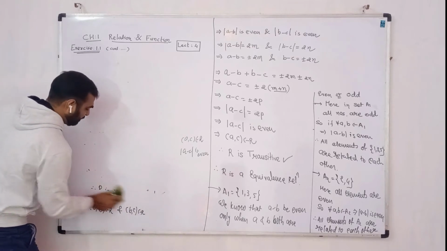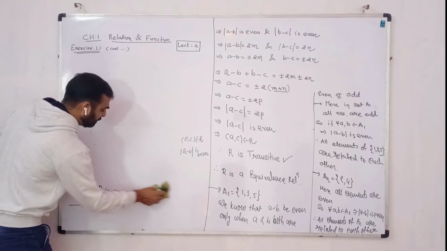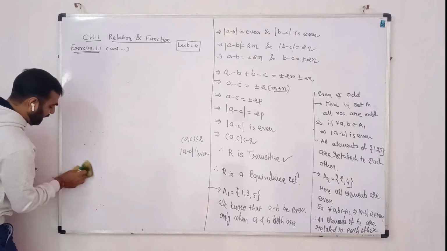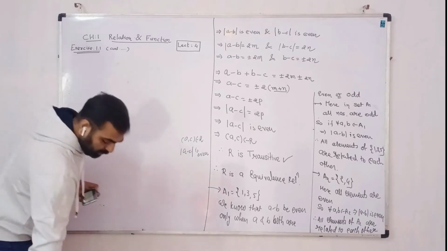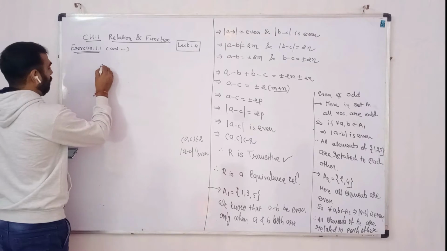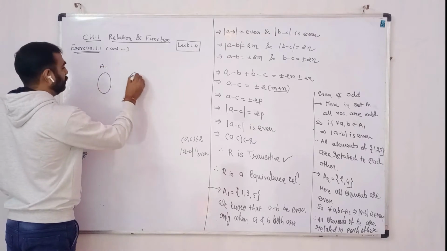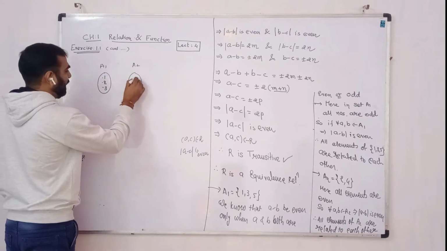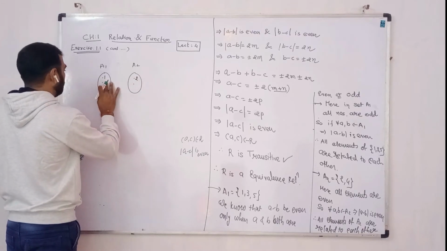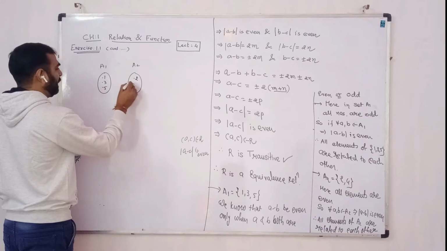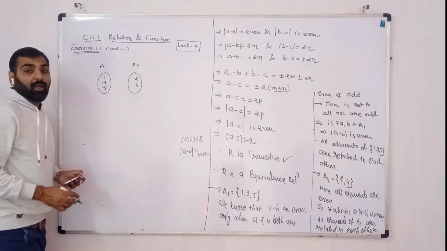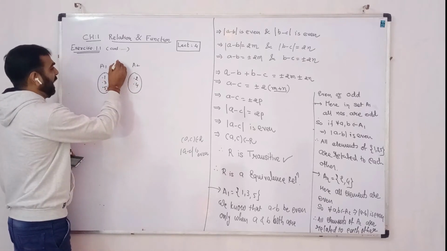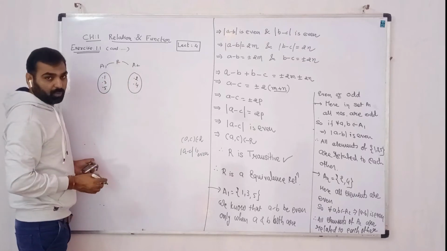Suppose, you don't need to write this, I am just explaining: A1 has 1, 3, 5, and A2 has 2 and 4. Is there any relation R between A1 and A2 possible?